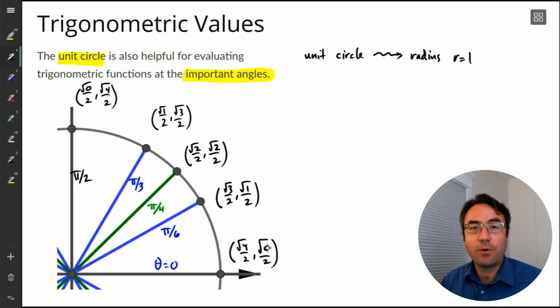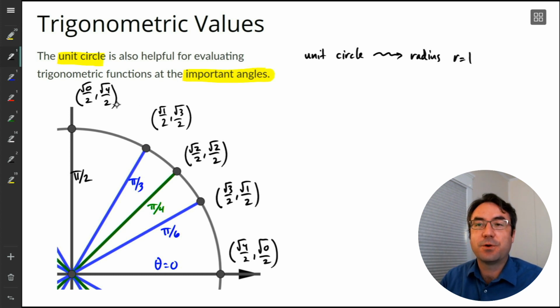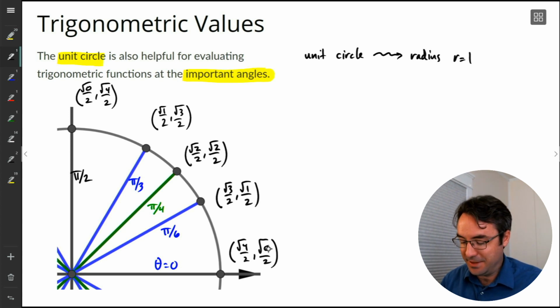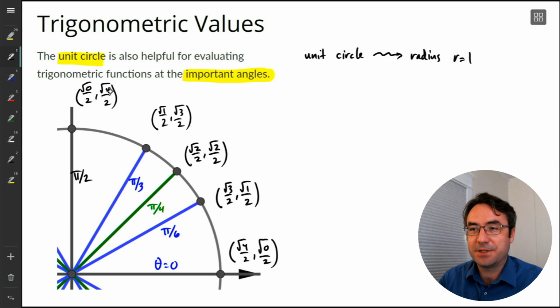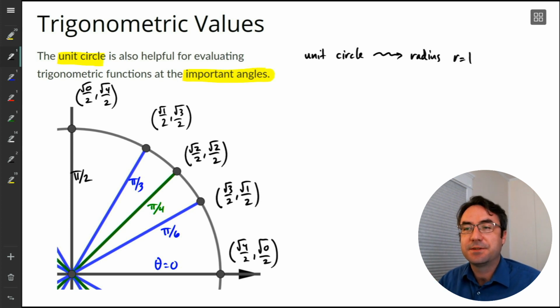Now for that second coordinate, we're working our way up. So we got square root 0, square root 1, square root 2, square root 3, square root 4. So they just kind of go in opposite directions. In the first coordinate the square root term is decreasing, and in the second coordinate, the square root term is increasing. So we're just kind of going around the circle, and these are the values that we get at these important angles.